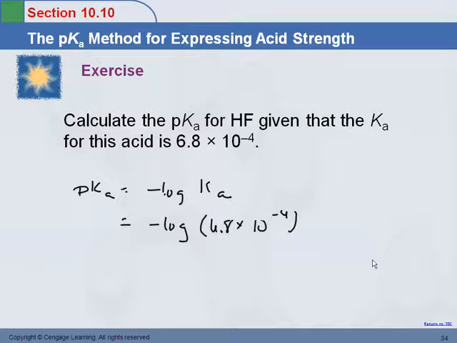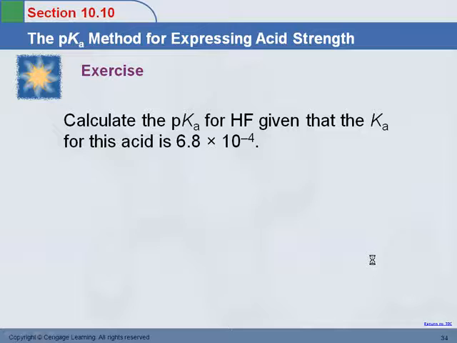Oops, hold on, I forgot my parentheses. Negative log 6.8 times 10 to the negative 4th gives me 3.16 or 3.17. So just like pH, it's an easier way of expressing acid strength.